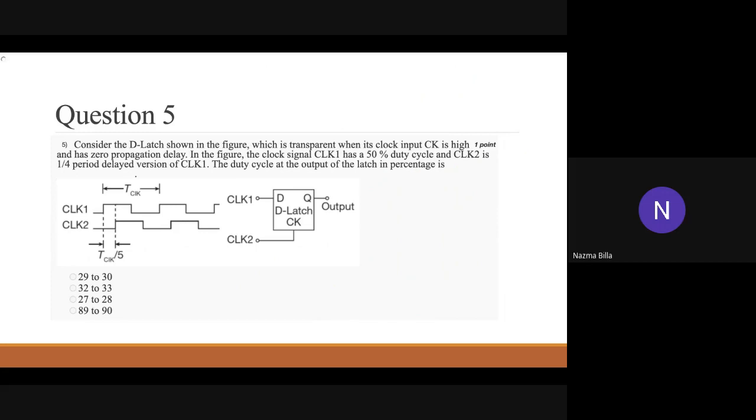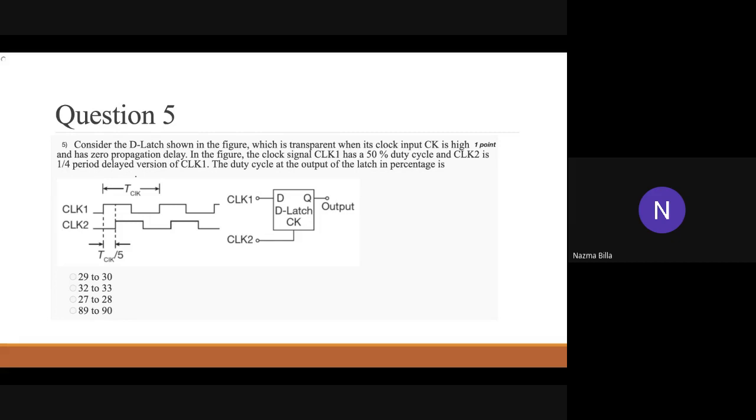Duty cycle is T on by T total, ma'am. Yes, T1 by T clock. At first you have to find T1. Both clocks are given, you have to find T clock. So a 50% duty cycle means exactly half will be on and the other half off for clock 1.